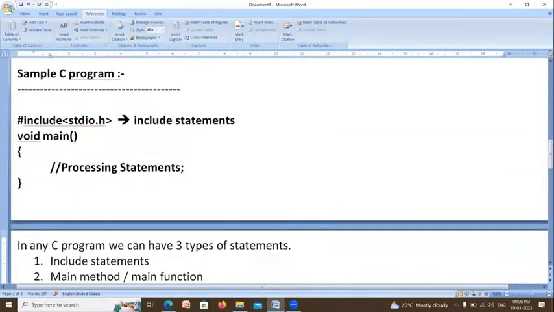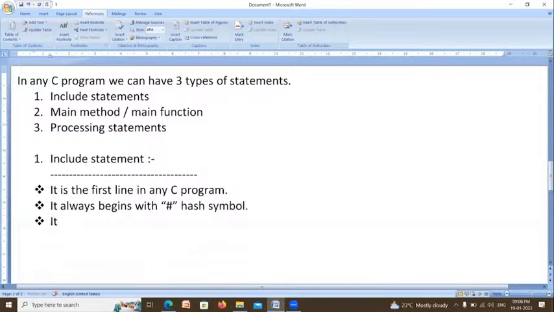What is the use of this line? It is used to copy the content of this file into your program. Which file? stdio.h is the file name. It is copied into our program.